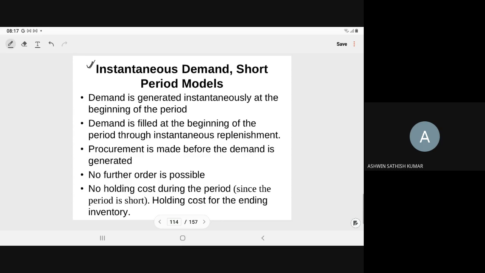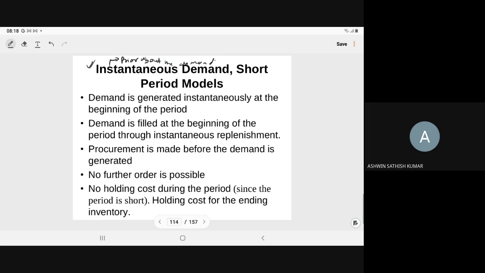So in the probabilistic model, we assume that demand is instantaneous, meaning you have the knowledge in prior about the demand. You have the prior knowledge of how much sale we can do.